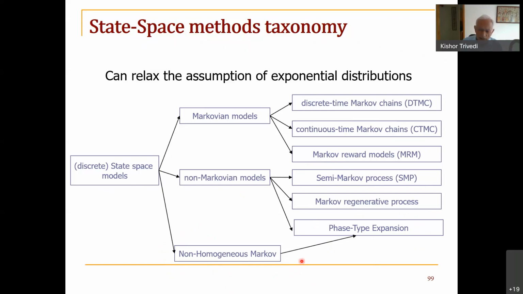So algorithms exist for developing and solving such models. The only problem is oftentimes people don't have the data to drive such models. The methods are not lacking, it is the data that is lacking, in my mind. So don't let somebody tell you that because of exponential assumptions, your models are not useful. We can capture non-exponential distributions very easily.